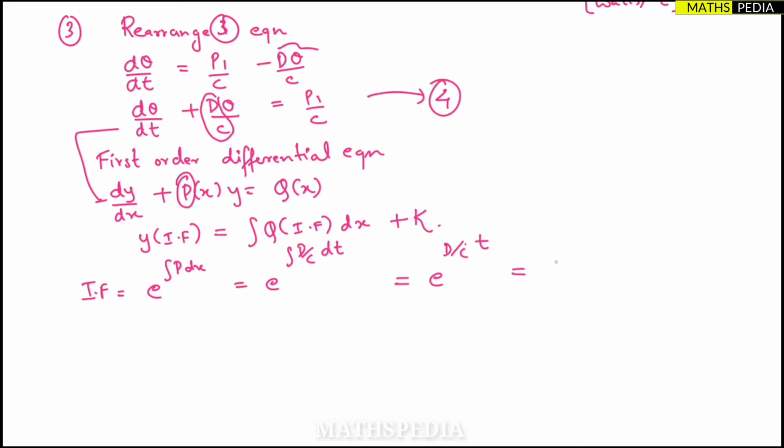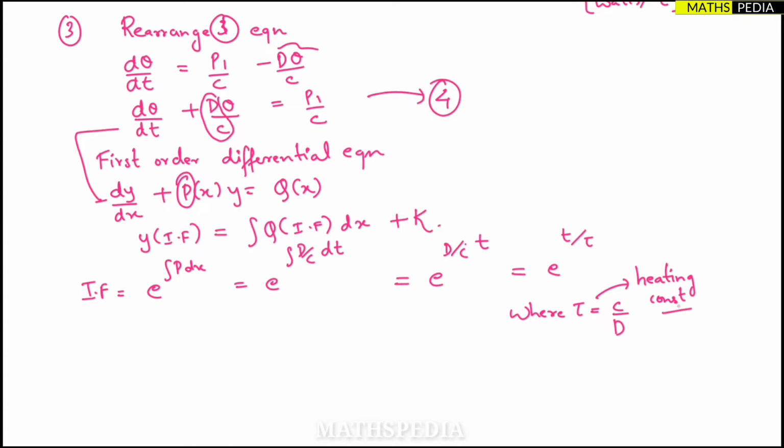Here I can just rewrite this one as e power t by tau, where tau is equal to C by D. Okay, tau is nothing but C by D. Now this tau, this is the new variable, it is nothing but the heating constant. It is nothing but the heating constant for the heating equation.